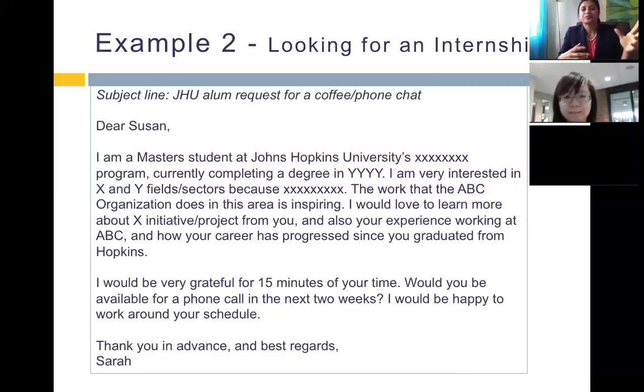It is understood. It's part of the culture that if somebody you went to school with, whether undergrad or graduate school, if a student reaches out to you, it's protocol that you reply.